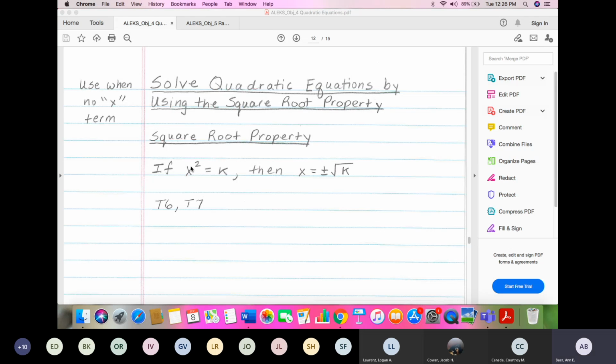The square root. So you take the square root of both sides. Take the square root here, take the square root here. But remember, this 2 up here reminds us that there's quite possibly 2 different solutions. So we need to put a plus or minus with this side. And then remember, we also have the square root. So that's why this says x equals plus or minus the square root of k.